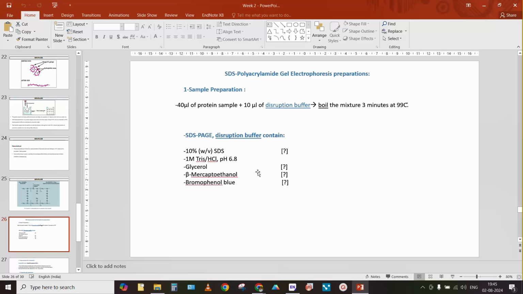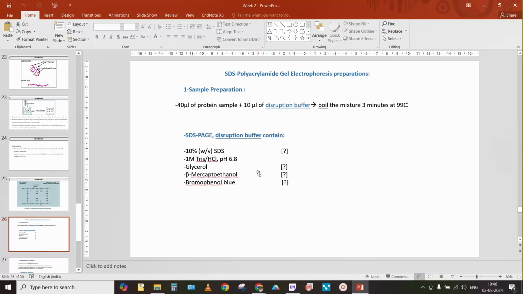So there are some SDS-PAGE preparations. The first step which we have to look into is the sample preparation. Here I have given some protocol of my experiment, in which I have taken 40 microliter of protein sample, which was added with 10 microliter of disruption buffer, followed by boiling the mixture for 3 minutes at 99 degrees Celsius.